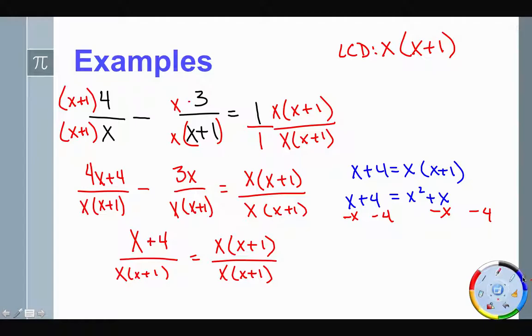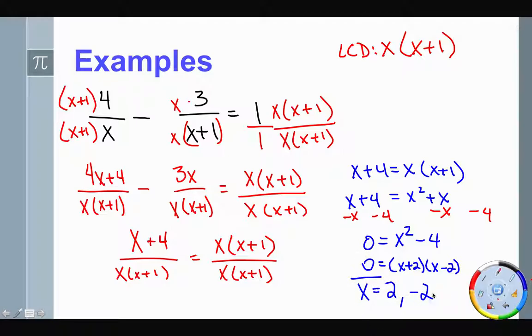We now get a nice simple equation that says 0 is equal to x squared minus 4, which is a nice simple factoring of x plus 2 and x minus 2, which means x is equal to 2 and negative 2. And since neither of those two values make zeros in the denominator, those are our solutions.